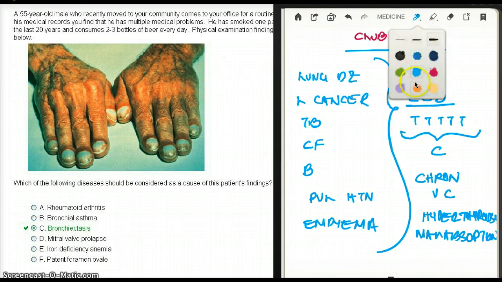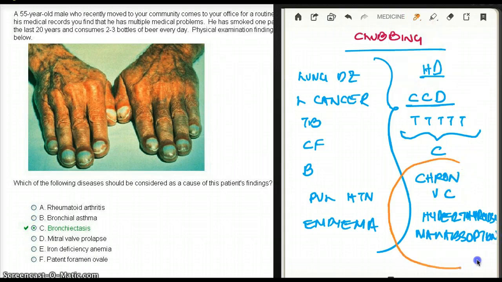I really don't know why these inflammatory diseases show clubbing. Crohn's, ulcerative colitis, hyperthyroidism, and malabsorption. If you know the answer, please leave me a comment below saying why those cause clubbing. But they do. You just have to remember Crohn's, ulcerative colitis, hyperthyroidism, and malabsorption. Anything that has the potential of a little bit of inflammation is going to cause clubbing as well. Okay, so that is my take on clubbing. But in this case, clubbing was caused by bronchiectasis because this patient was a chronic smoker.